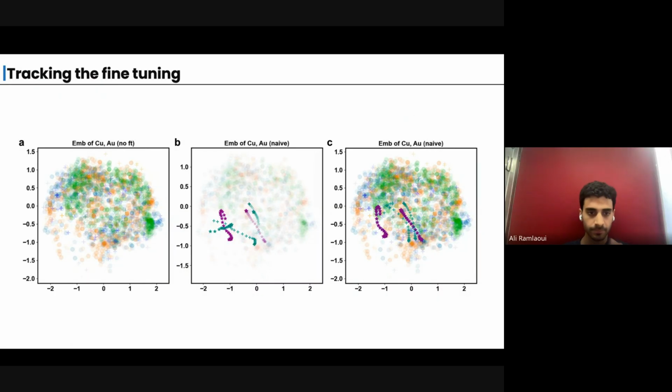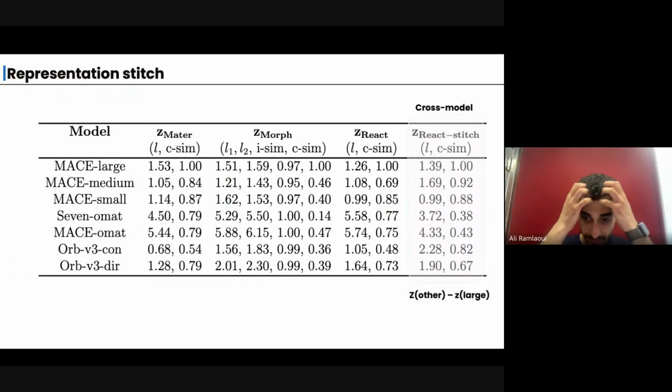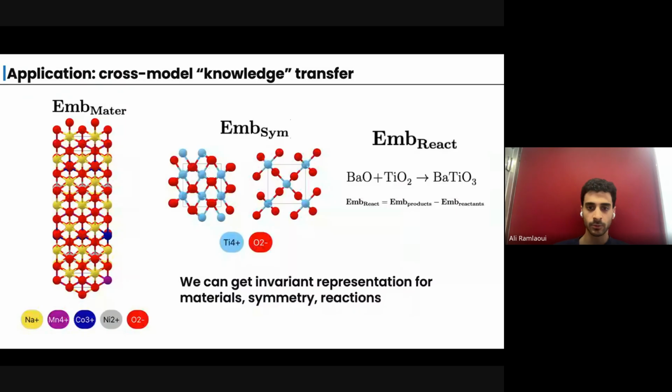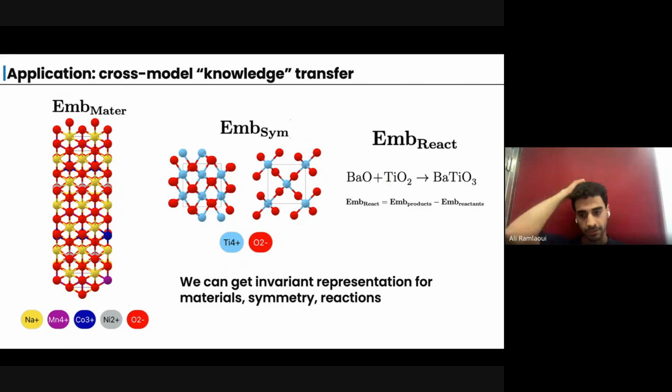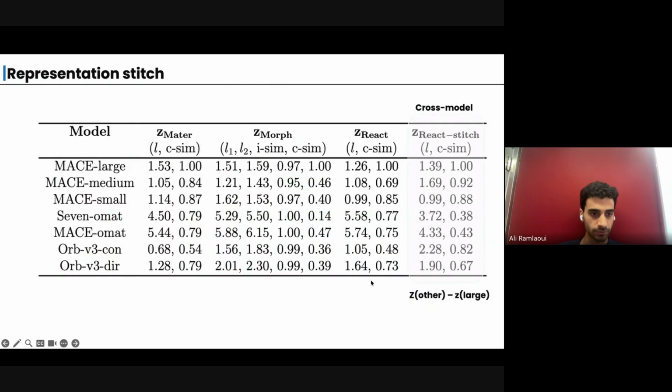I have a question. I'm not sure I understand well. So essentially here we're saying that if we compute the embedding of the reaction with the formula you showed before, the cross similarity will show how much these models agree on that? Yeah. Okay, and so you're saying that models trained on OMAT don't agree with MACE not trained on OMAT, is that correct?